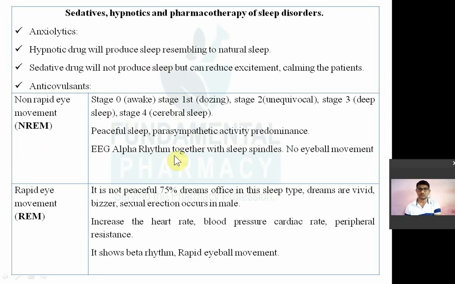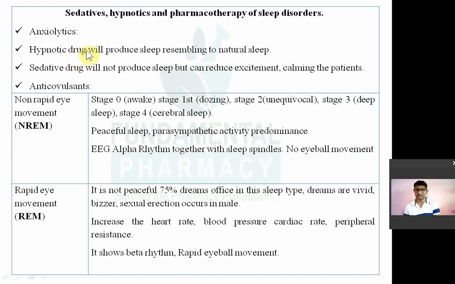There are three terms I would like to explain again. Anxiolytics are the drugs which reduce the anxiety or excitement or depression. Anxiety means fear of something, fear of height, fear of water, or any kind of phobia, water phobia, noise phobia. So they will decrease your anxiety.